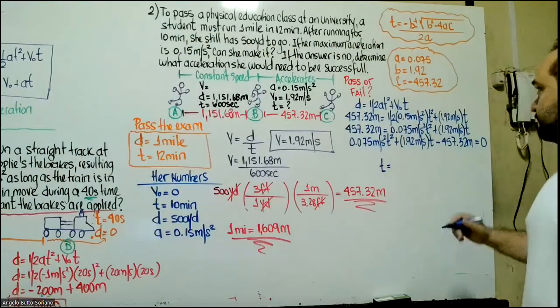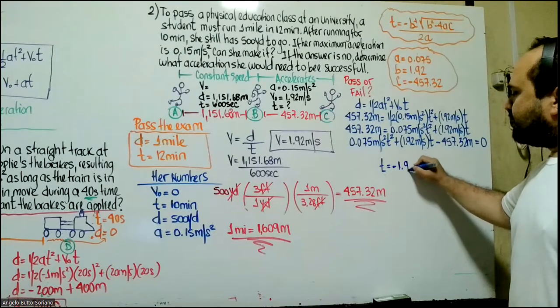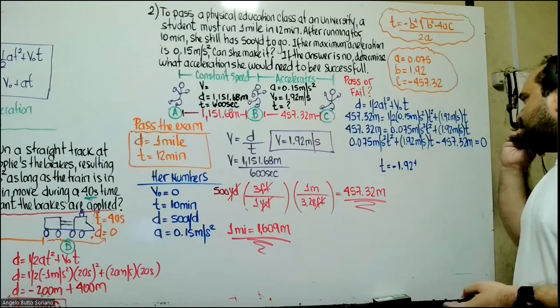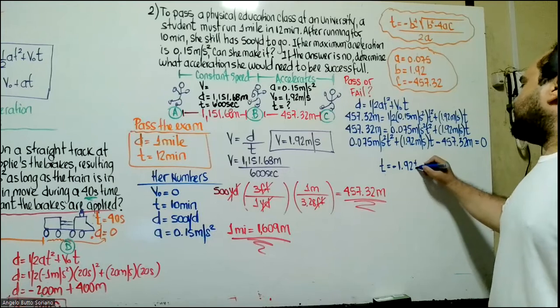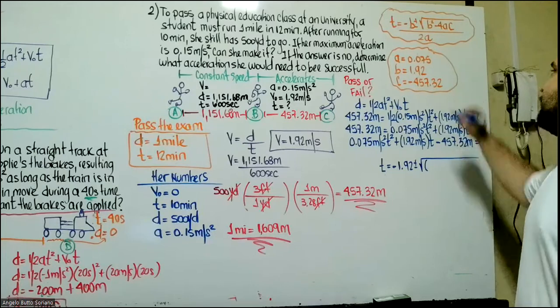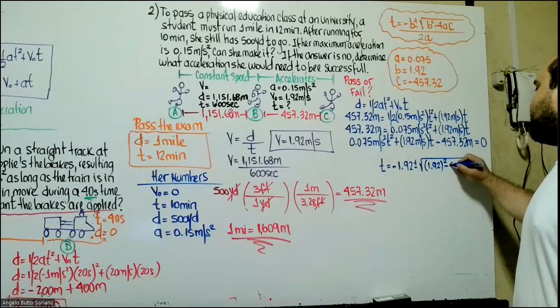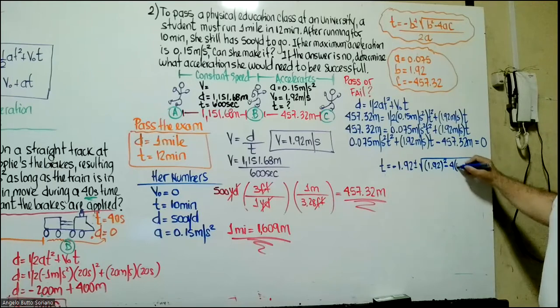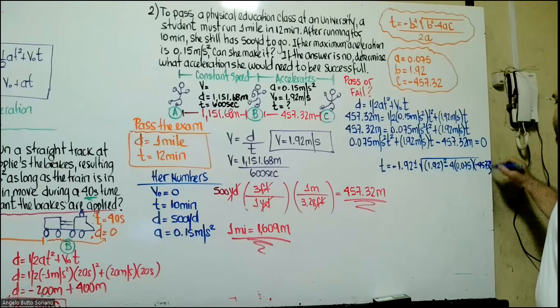t equals negative b, because of the formula, negative 1.92. We are omitting the units because that's going to be a little bit easier for us at the moment to establish the calculus. Plus or minus the square root of what? b to the second power: 1.92 squared minus 4 times a, 0.075, and c, negative 457.32.